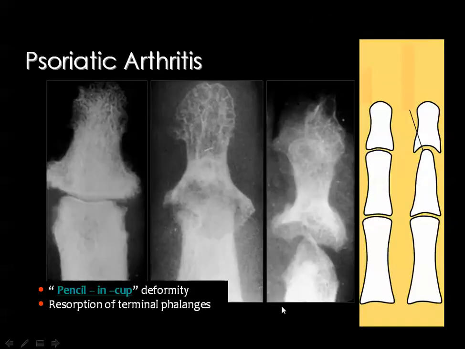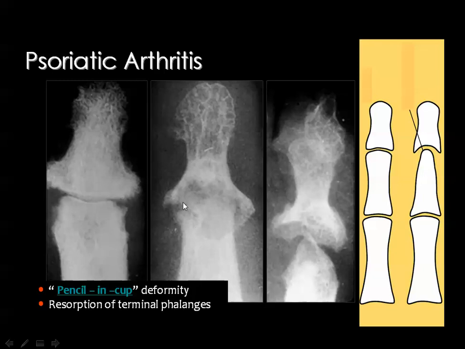And this is the follow-up study of a case of psoriatic arthritis, to show how the pencil-in-cup deformity develops. You see here there are some erosive changes in the distal part of the middle phalanx, and you can notice the broadening of the base of the distal phalanx.